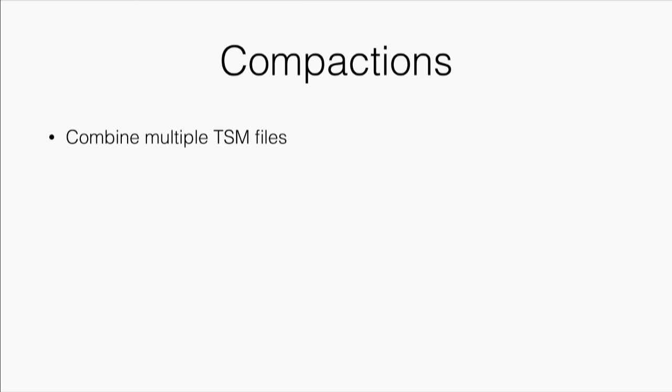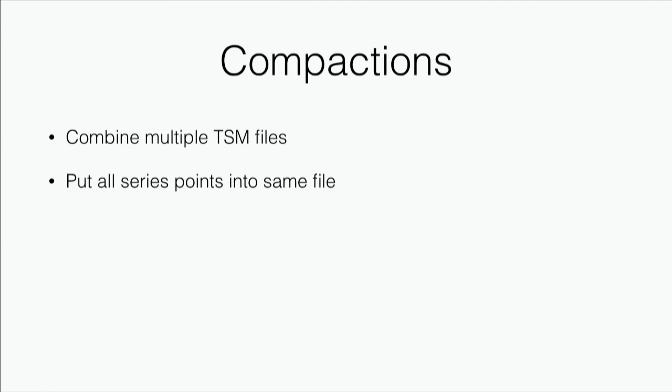So the compactions will take a collection of TSM files and combine them together. And our goal is, for a single series, we want as many of its values as possible to appear in a single file. We want to optimize for having contiguous runs of values for a series in each file.